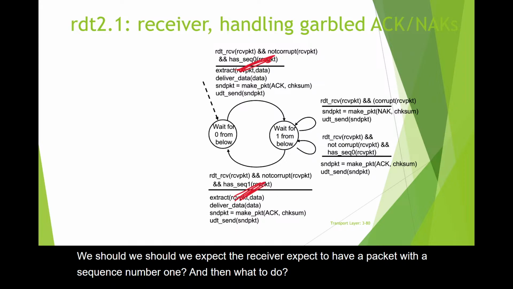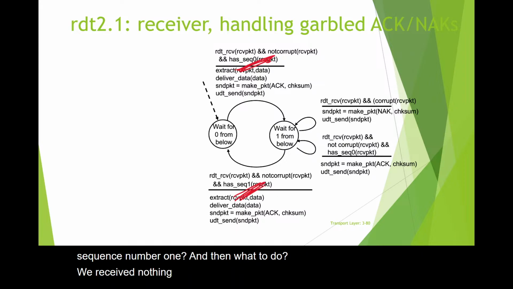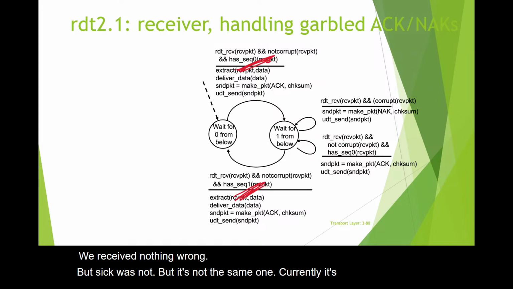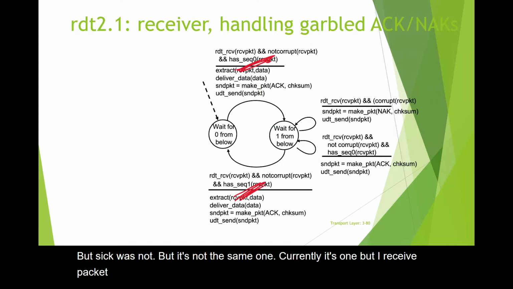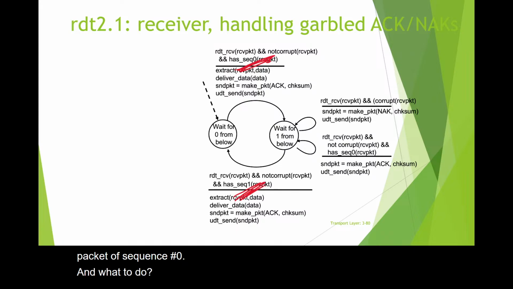We receive it, nothing wrong, but the sequence number is not the same. Currently it's 1, but I receive a packet of sequence number 0. And what to do? The packet should be ACK. Why ACK?